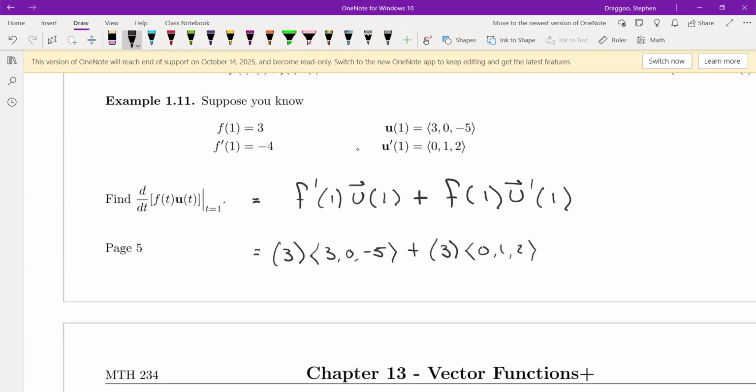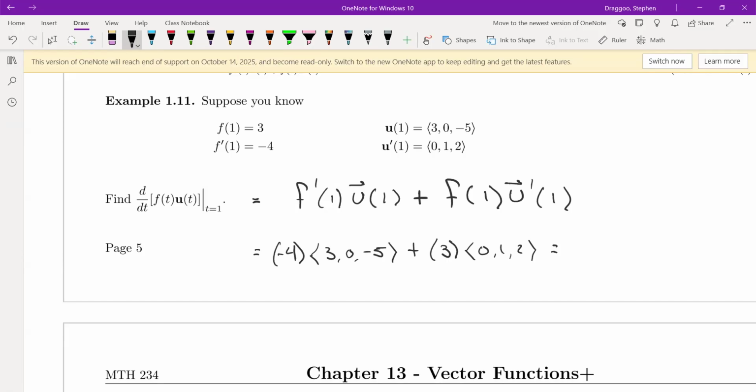I didn't even need to wait for all the whispering this time. That definitely should have been a -4 right there. That should have been f prime of 1, which, if I look at the given information, is very clearly listed as -4. Great job, me. But I think I got the other parts right, and they're in the right order. So I'll simplify my answer a bit.